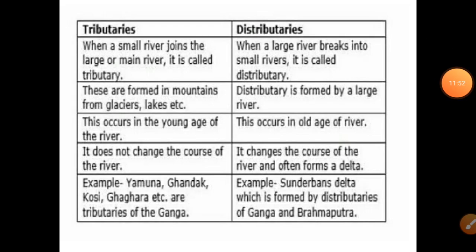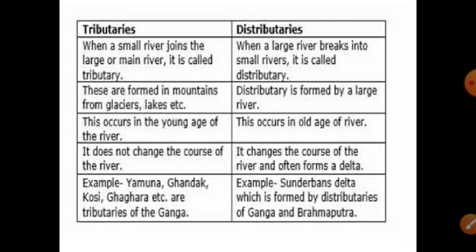Next, see the difference between tributaries and distributaries. Tributaries means when a small river joins the large or main river, it is called a tributary. Distributaries means when the large river breaks into small rivers, it is called a distributary.